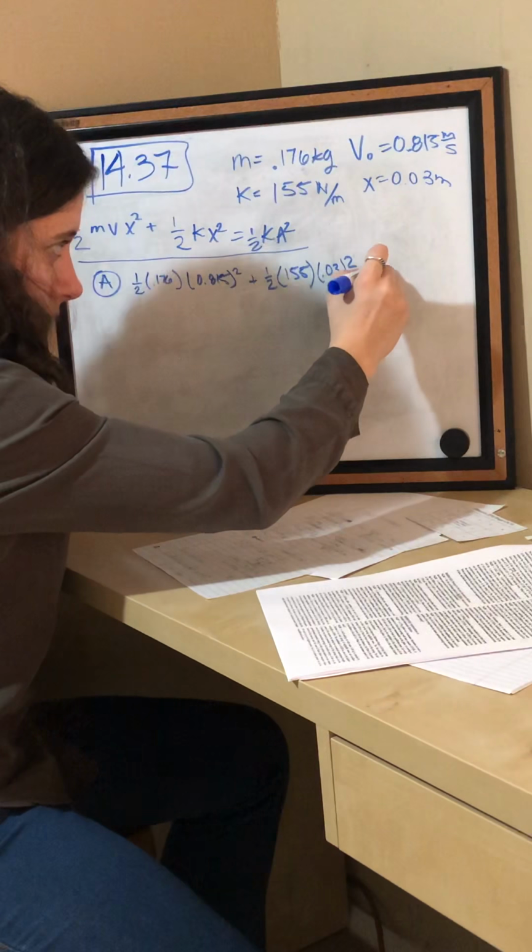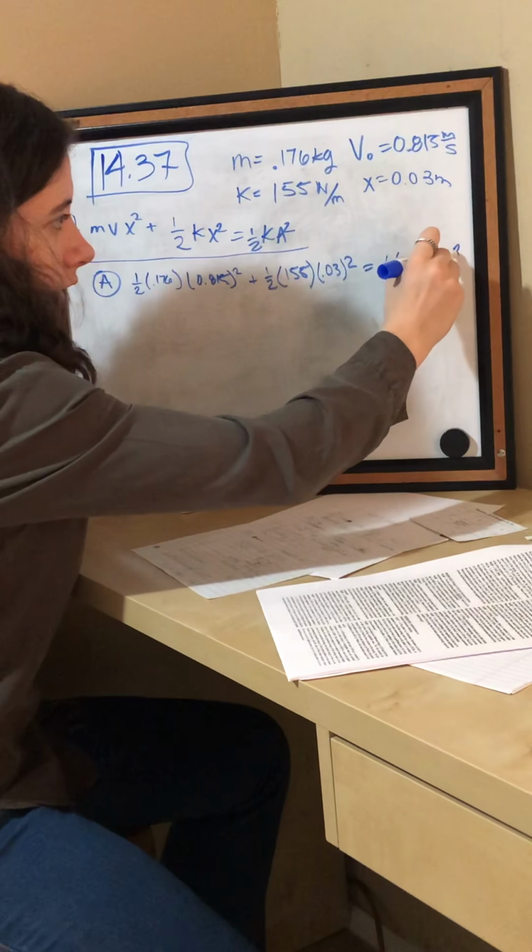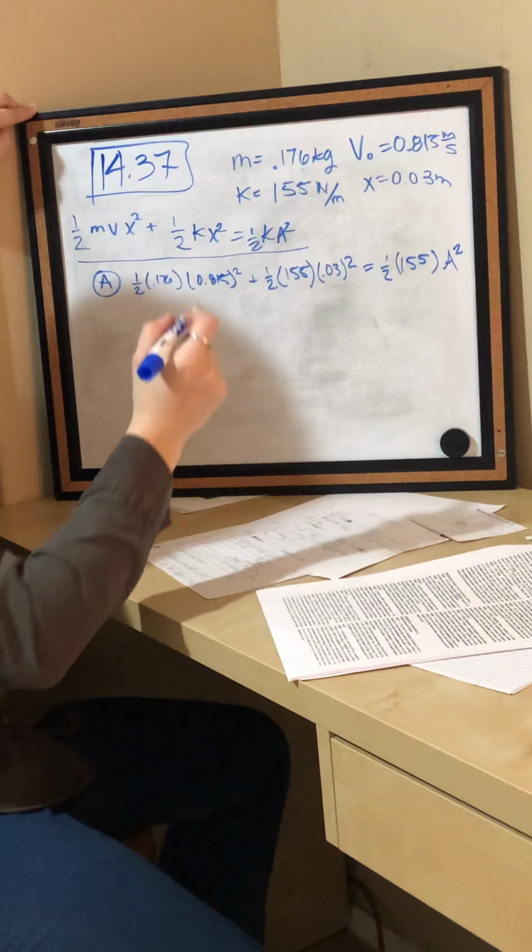Is that equal to 1/2 times the spring constant times the amplitude squared? And there, finally we have the amplitude.